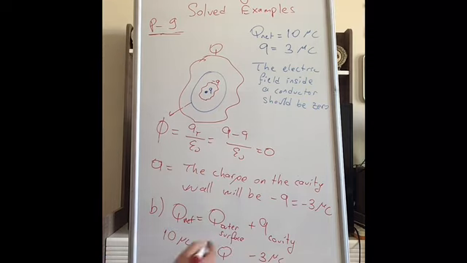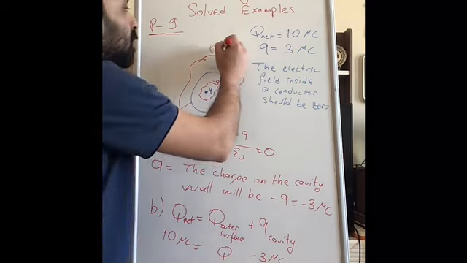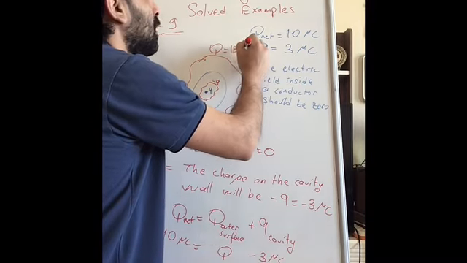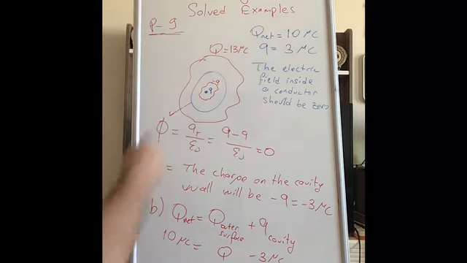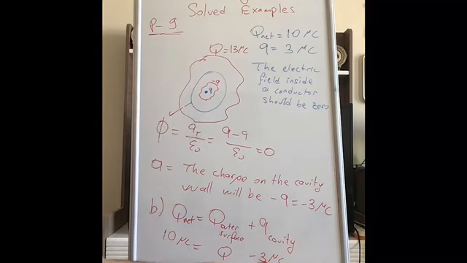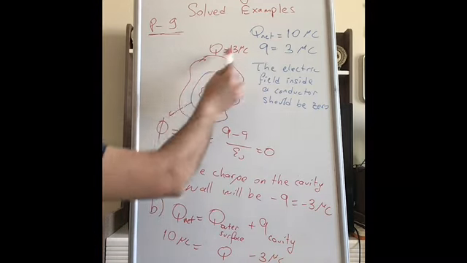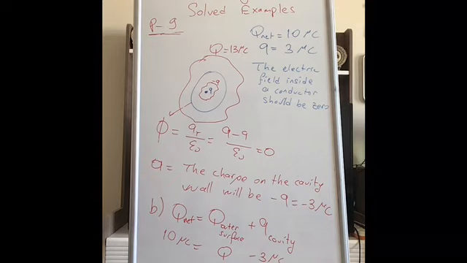So Q outer should be equal to 13 microcoulomb, because 13 microcoulomb minus 3 microcoulomb gives you the net charge of this conductor. So in part B, the charge on the outer surface of this conductor will be equal to 13 microcoulomb. Actually, this is a simple problem.